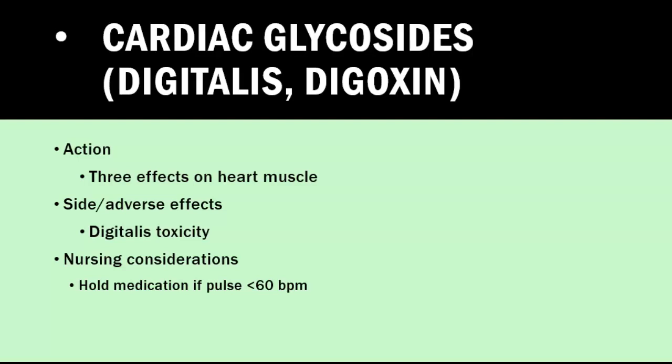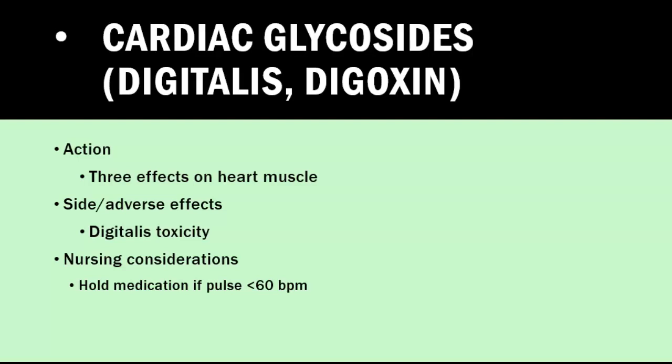They can also have blurred vision and visual illusions, so they might see halos around objects. And then confusion and delirium. So you definitely want to be assessing your patient that is taking digoxin for digitalis toxicity, because if they go into any kind of cardiac dysrhythmia, it can be life-threatening.